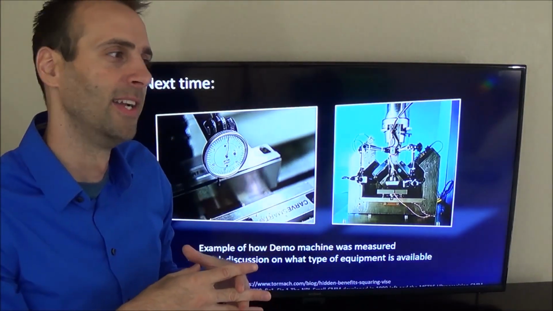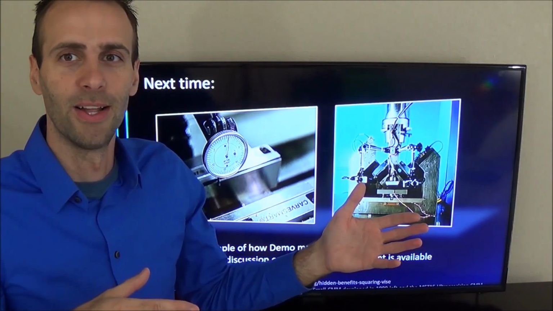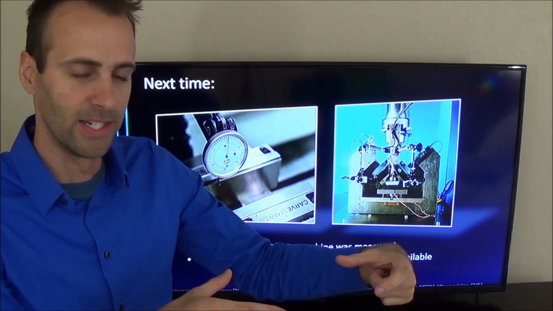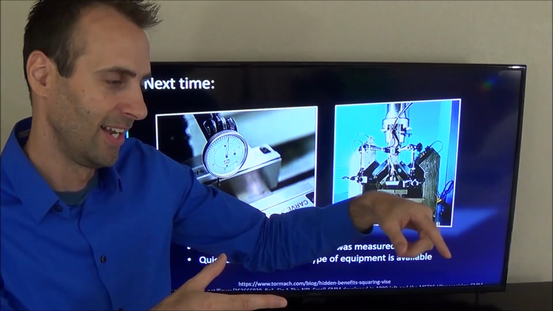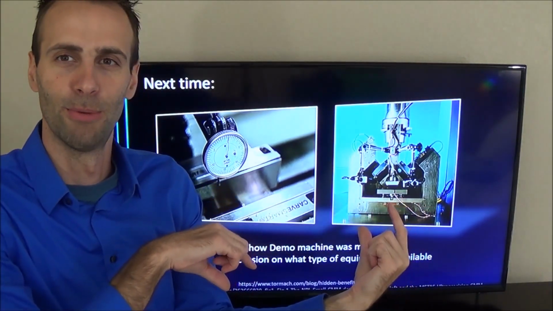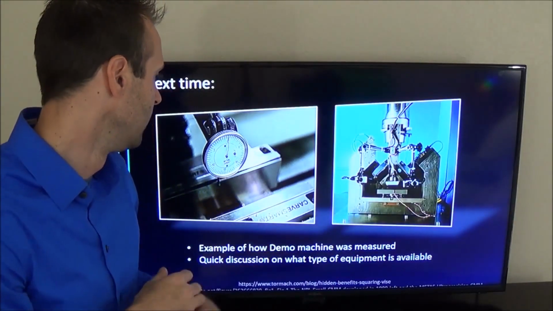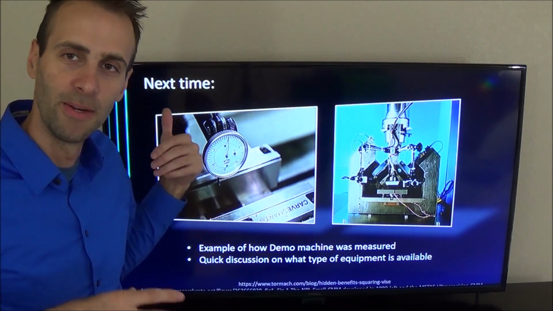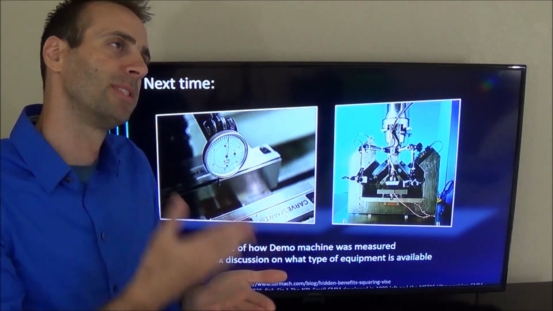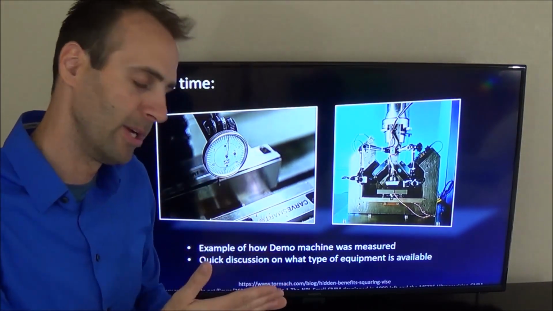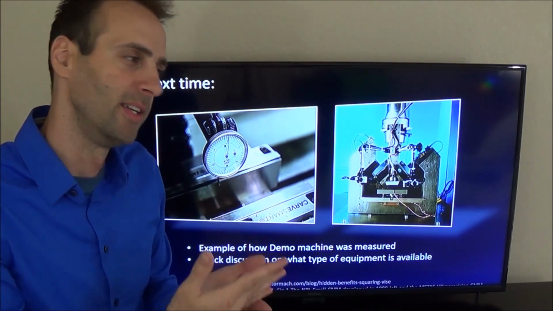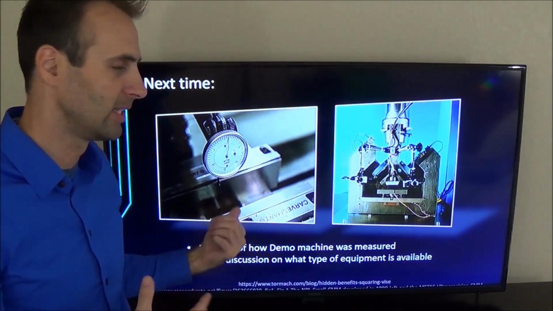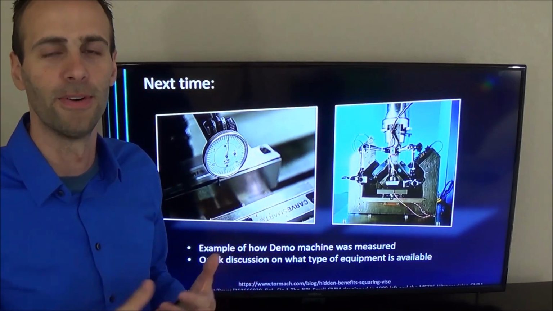Or maybe my $20 CNC vise jaw all of a sudden has much more precision than I can even cut it. So there are some things that we could do. I might touch on that, but I'll certainly walk through how I'm setting up my coordinate systems and how I'm measuring them, and in this example, I'll do it all with tools that you could get even from Harbor Freight, right?